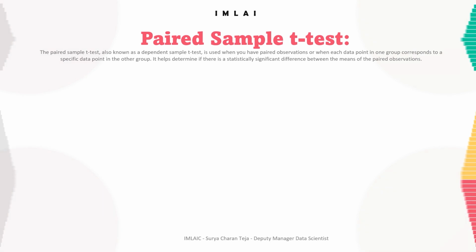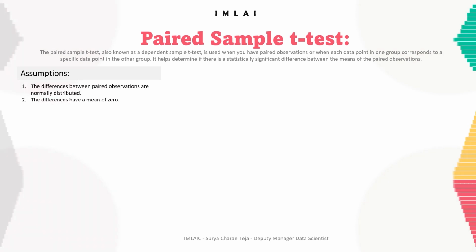It helps determine if there is a statistically significant difference between the means of the paired observations. The assumptions: first, the differences between the paired observations are normally distributed. The second assumption, the differences have a mean of 0. And the third assumption is the differences have a constant variance.